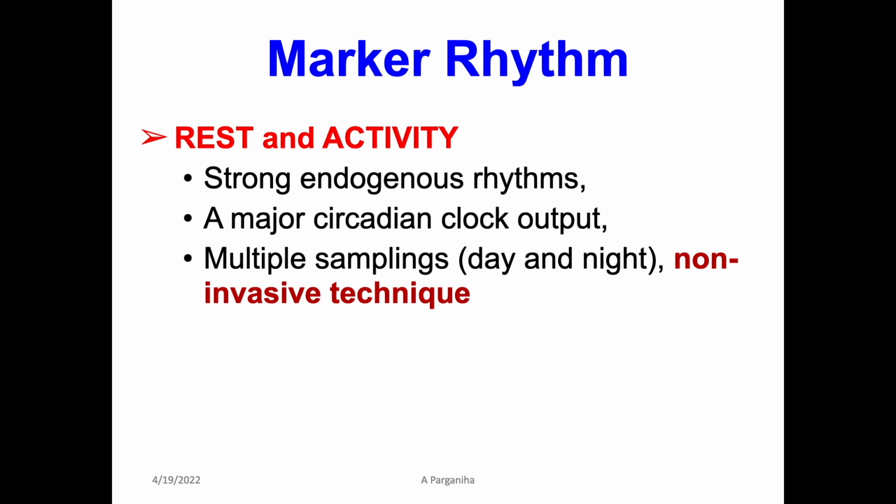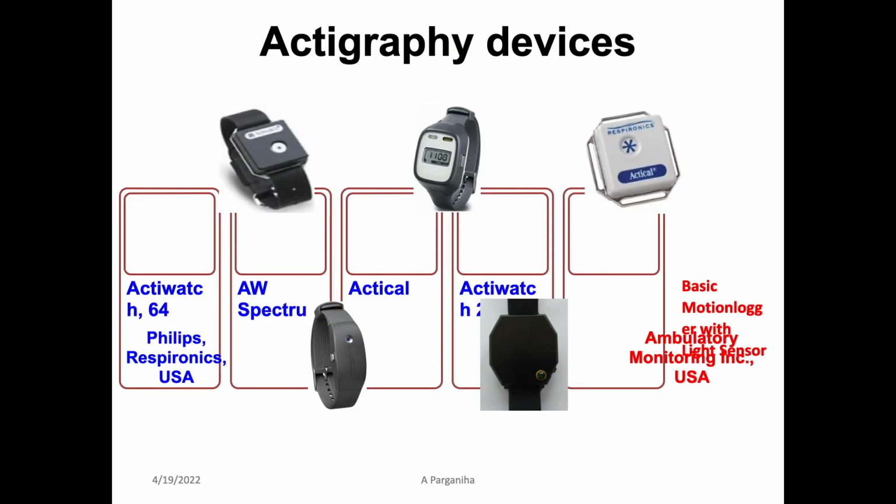So how can we monitor the rest activity? We have a number of devices known as actigraphy devices. Some examples are Actiwatch 64, Actiwatch Spectrum, Actical, Actiwatch 2, and Basic Motion Logger. These are devices that we wear on the wrist of the non-dominant hand for monitoring of rest activity.